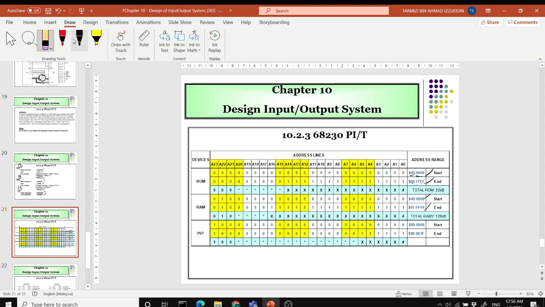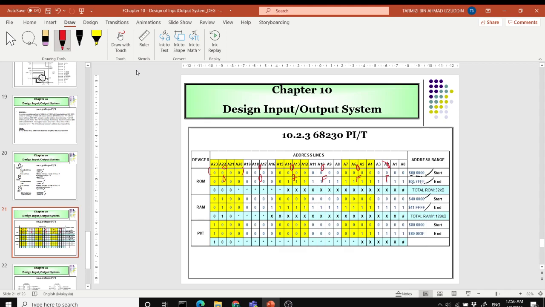So maybe I can write this down again. This part is 007FFF, whereas the top part is 000000. So take 4 bits and turn it into your hexadecimal.